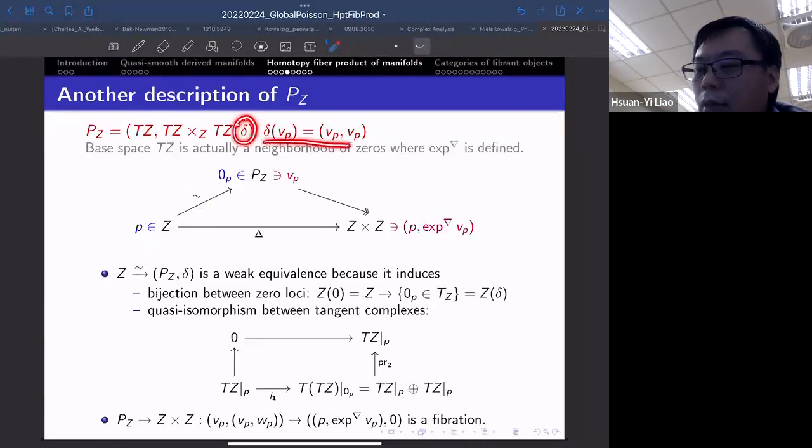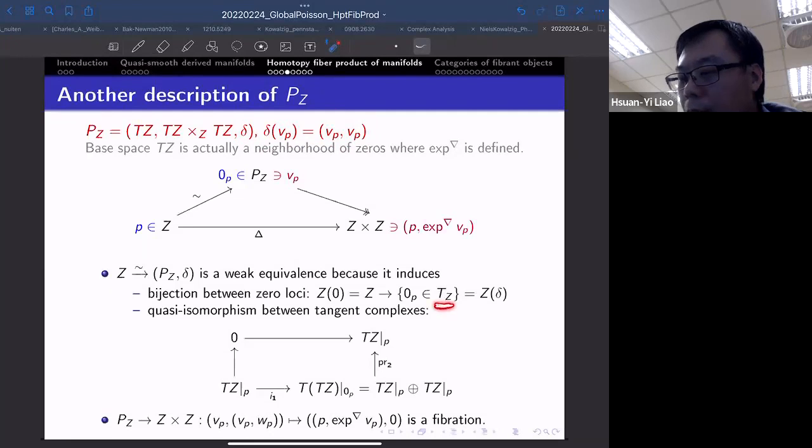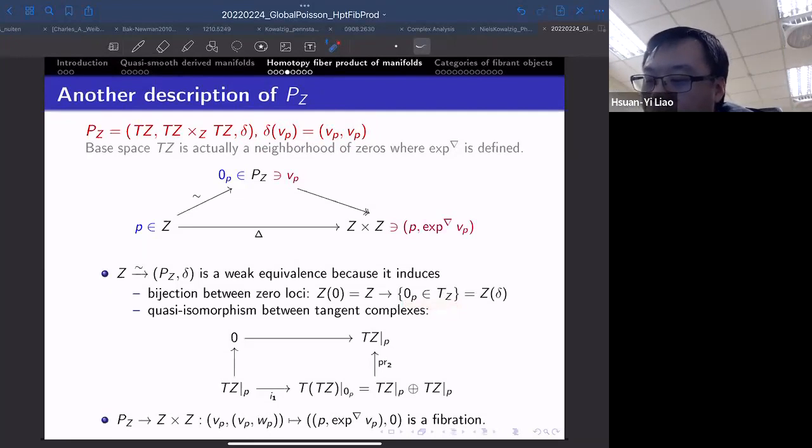Classical locus means this B, this is in the fiber, this B is zero, and this B is zero means the first B is also zero. So that means the zero section, the zeros in the tangent bundle. And the zeros in TZ is the same as Z.